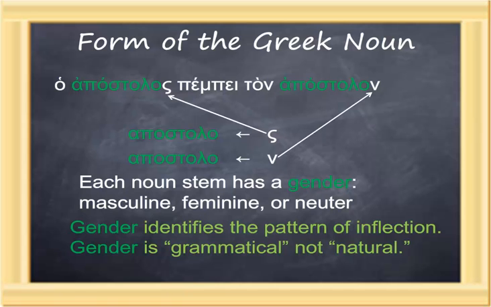Not always perfectly, but most of the time they do. But they have nothing to do with natural gender. For example, the word hamartolos, the word for sinner, is masculine. That doesn't mean that men are more sinful than women. It merely means that the word hamartolos follows the second declension, as does the word apostolos above.